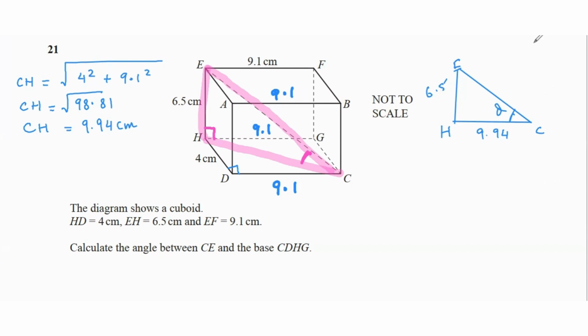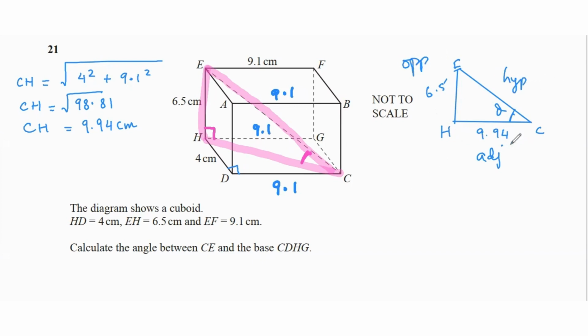For SOHCAHTOA, we need to figure out what lengths we have. Do we have the opposite? Do we have the adjacent? Do we have the hypotenuse? What do we have? So adjacent is always the length on which your angle lies. So this is your adjacent. And the length that is opposite to the angle is called the opposite. And the diagonal is always the hypotenuse.